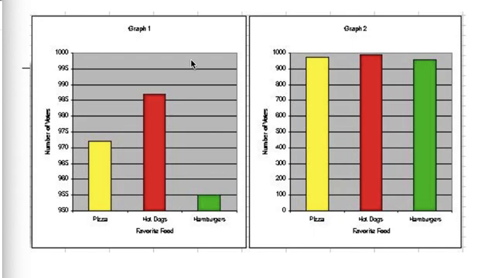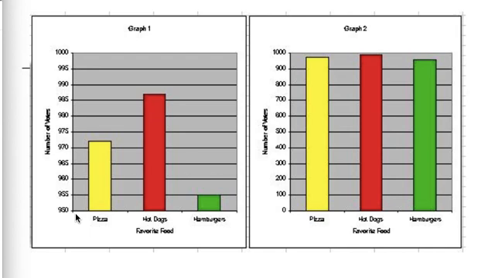And the graph on the left, if I look at this scenario, we've got pizza, hot dogs, and hamburgers. What does it make it look like? You can shout it out at your screen. For me, I really think that it looks like hot dogs are just the clear winner. They're way more popular than pizza or hamburgers. So that would be the impression I get from the first graph.